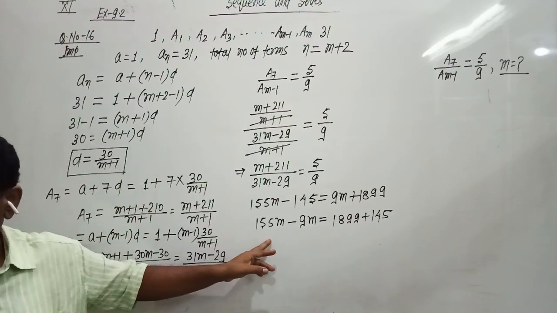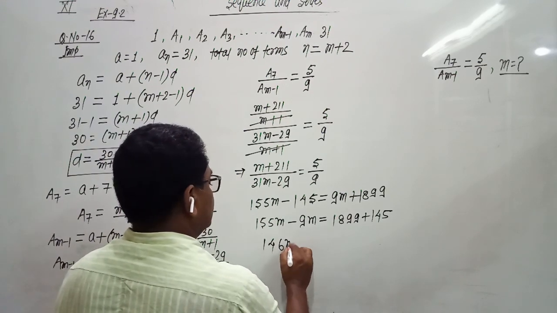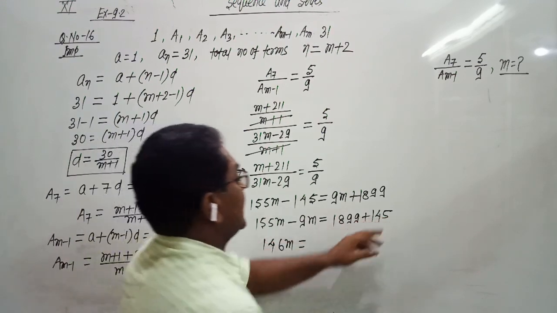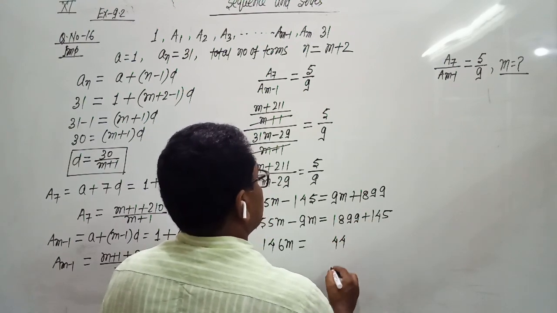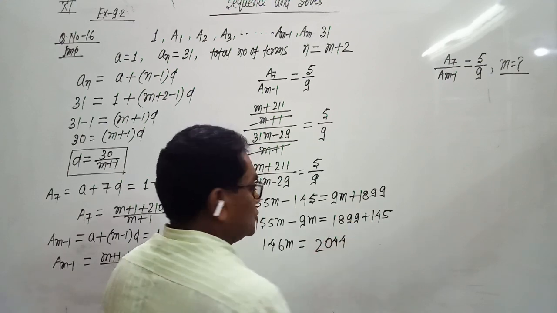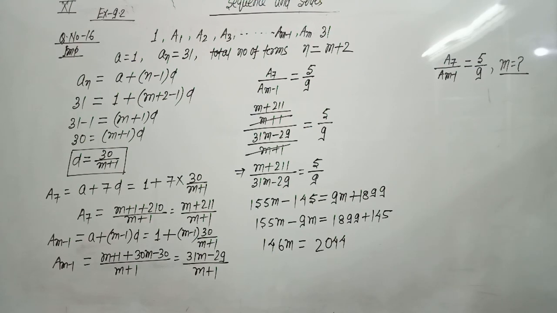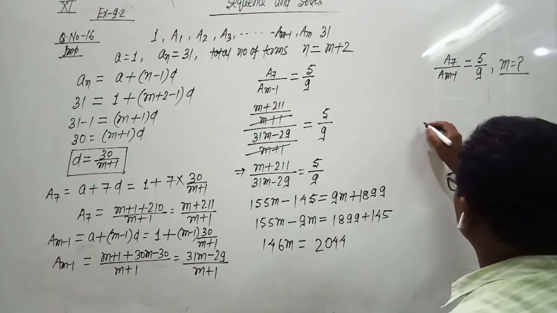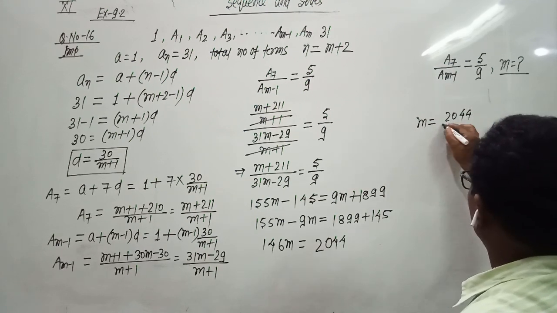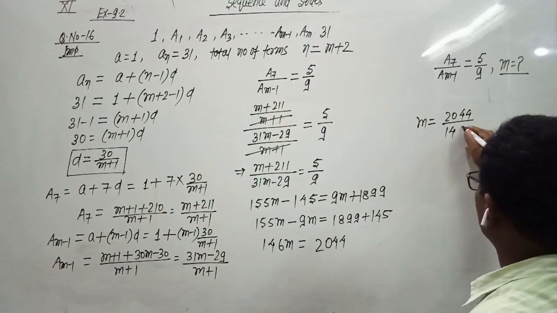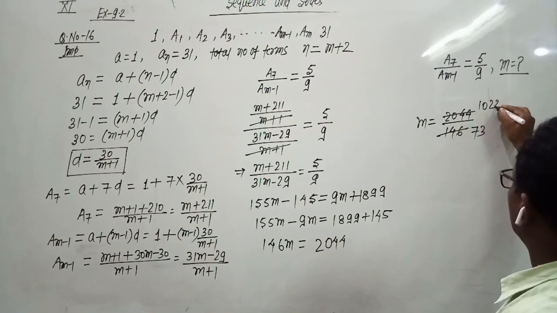So 155m minus 9m is 146m, and this will be added: 2044. 146m equals 2044, and the value of m equals 2044 upon 146.